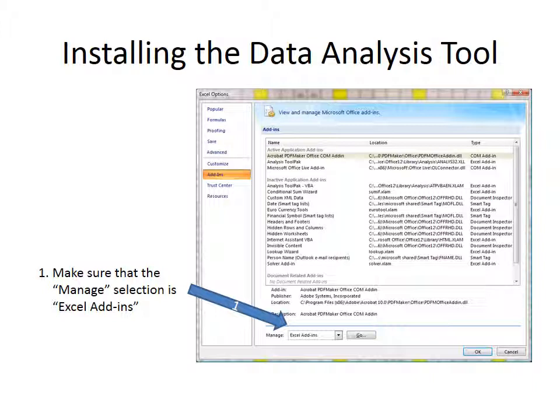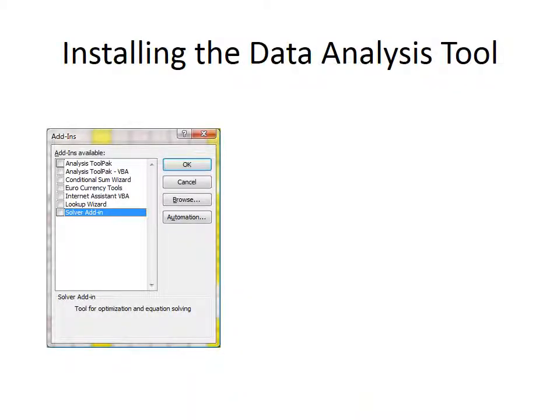If you don't see Excel Add-ins, click on the down arrow, look for Excel Add-ins, and pick it. Once you've got Excel Add-ins showing here, then you just click on the Go button, and that'll bring up a whole new dialog box, which looks like this. By the way, this looks the same no matter what version of Excel you have.